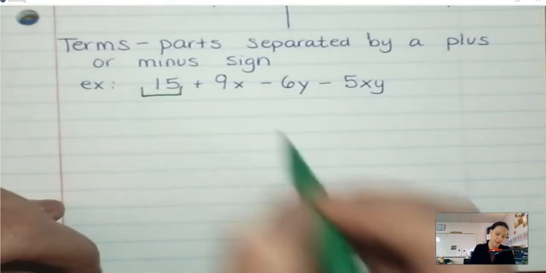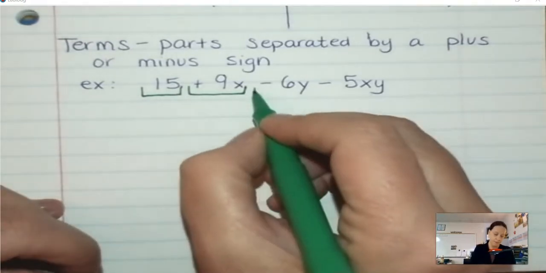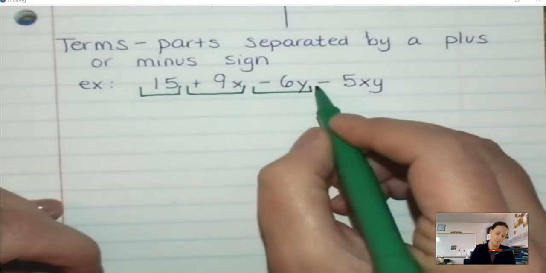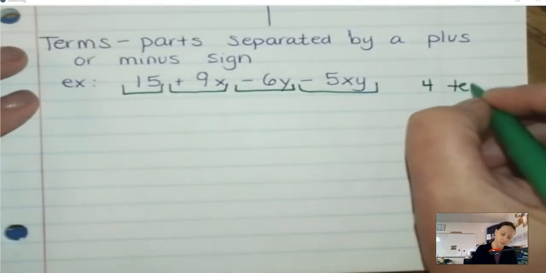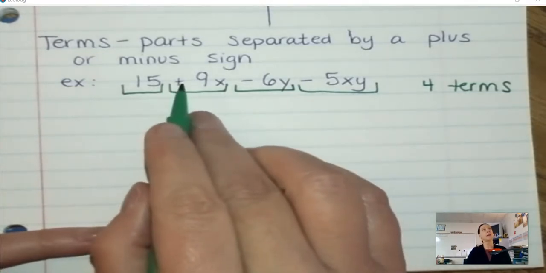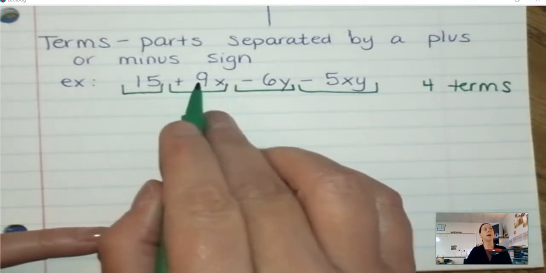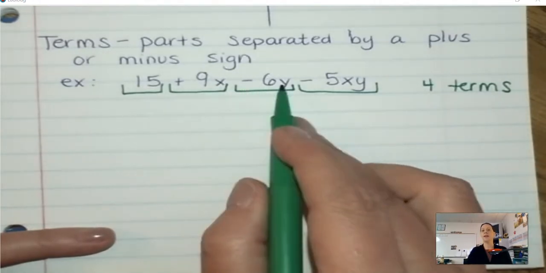So 15 is a term, plus 9x is a term, minus 6y is a term, minus 5xy is a term. So there's 4 terms. Every time you get to a plus or a minus sign, it goes to the next term. That symbol, the plus or minus sign, remember, it goes with the number that's right behind it. So that's 6, it's really a negative 6y.